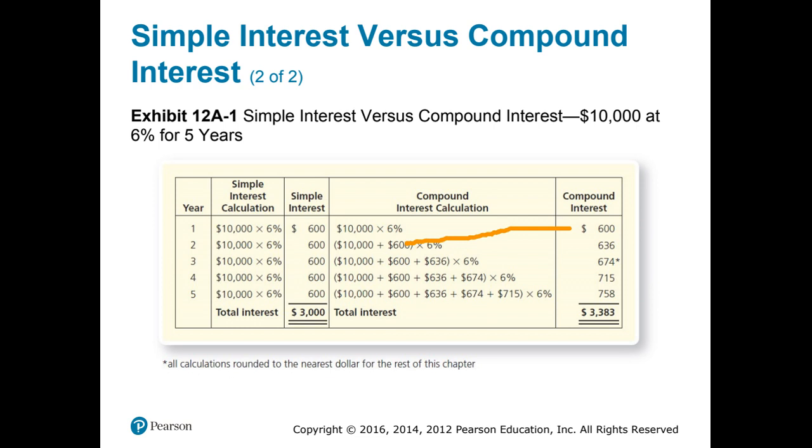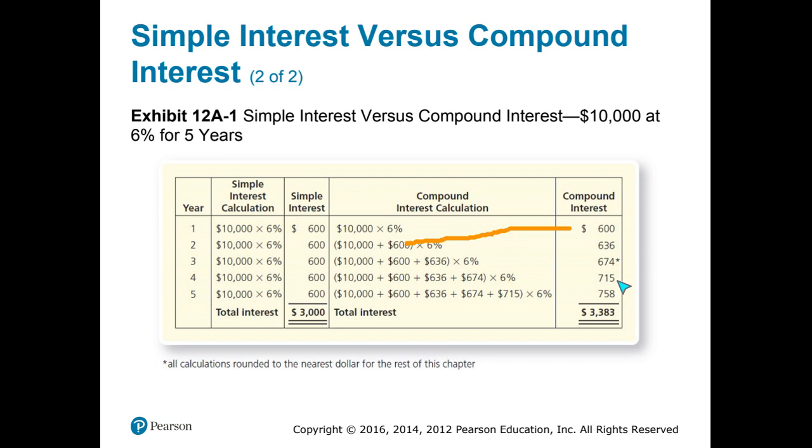And then the next year, we take the 10,000 plus the 6, and this line is so thick I don't want to draw over it, but plus the same 6 from up here, plus the 636 from here, and then multiply that by 6%, and that gives us 674. The next year, the 10,000 plus the first 600, the second 636, the third 674 times 6% gives us 715. So you see the pattern.